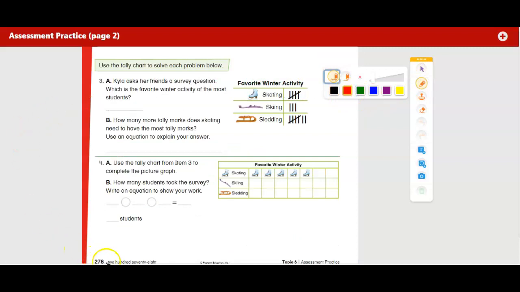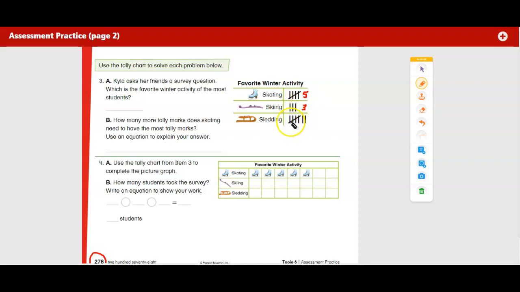For our last page, on page 278, Part 3A wanted us to write which winter activity had the most students. When we look at skating, we see skating had 5 votes. Skiing had 3 votes.